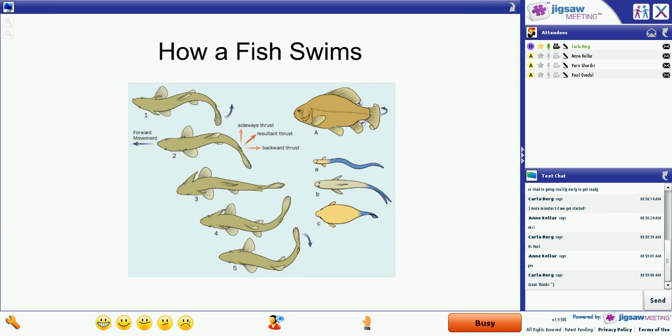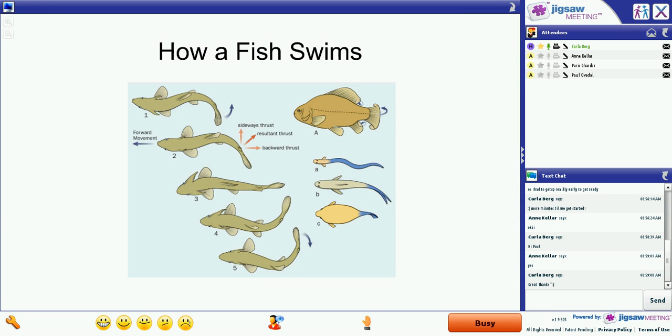On the right-hand side of this image, there's an A, B, and C fish. Those are fish with different body types and what part of their body moves. So fish A is more like a snake-like, maybe an eel-like fish. And the part in blue shows you how much of its body is actually moving as it is swimming.